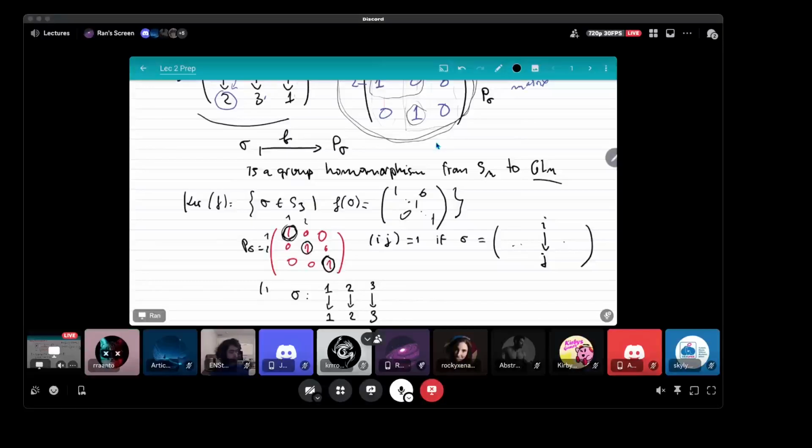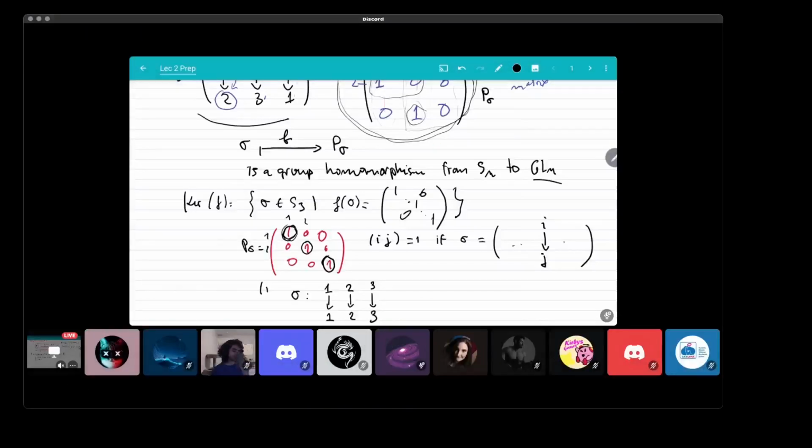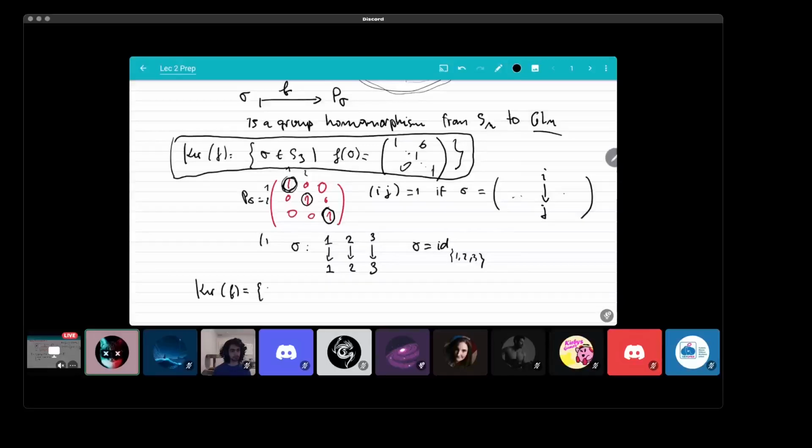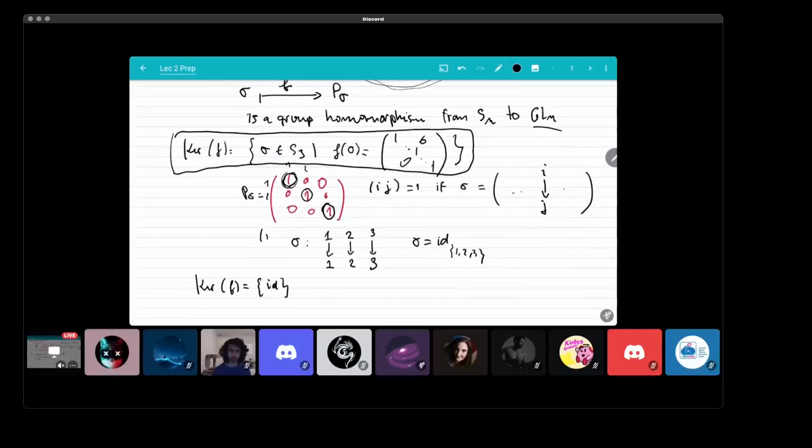So sigma equals the identity on 1 to 3. And so the kernel of this morphism that we presented here is only the identity element. This little computation means that if any permutation satisfies that it's in the kernel, it must be the identity element, so that the kernel consists of only one element.